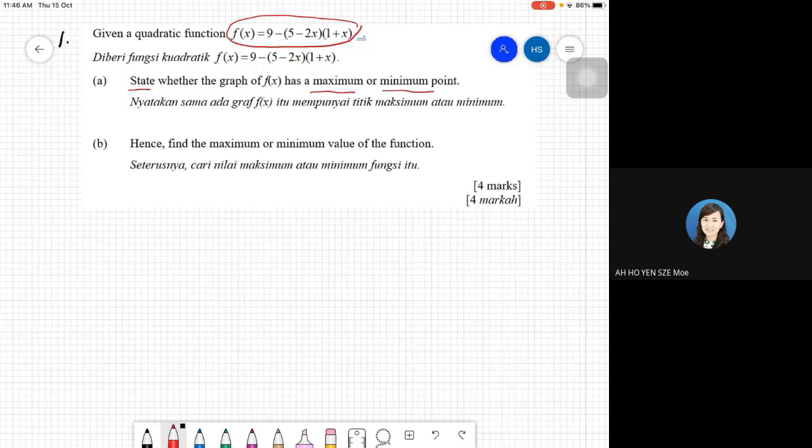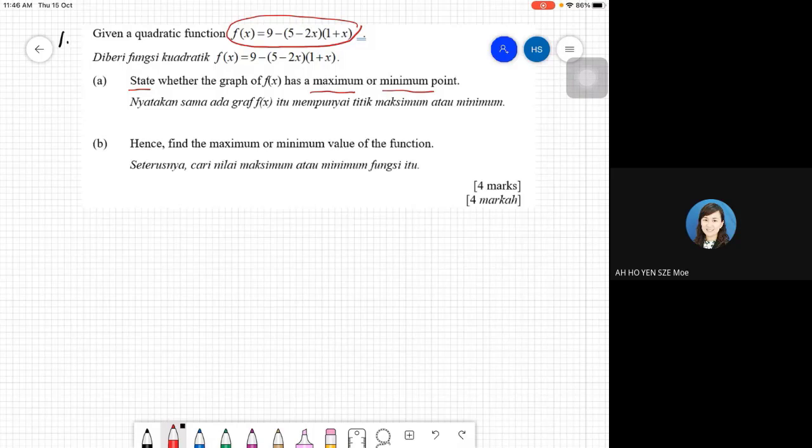From this equation, we cannot confirm because we cannot see the value of a, right? So what we need to do is expand it and arrange it into the general form. Only then can we check the value of a. If the value of a is less than 0, it means it's a maximum. Okay, if a is greater than 0, it means there is a minimum point.